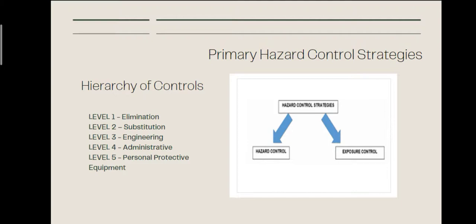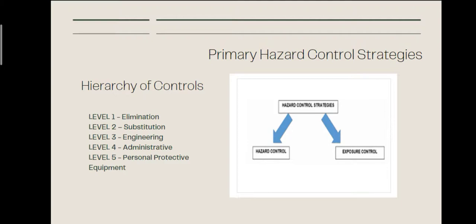For the primary hazard controls, there are two components, which are the hazard control and exposure control. And for the hierarchy of controls, it is stated in order or in level.